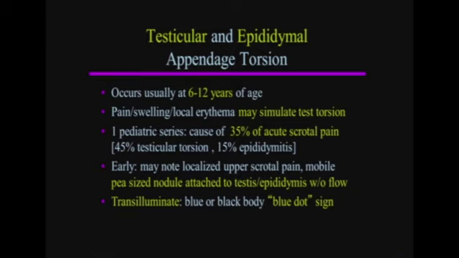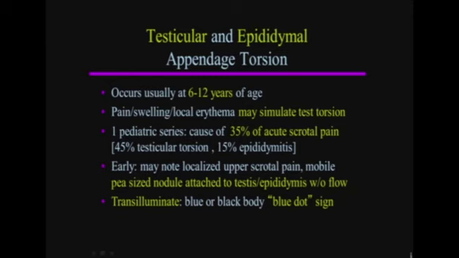Early on, when the problem first occurs, the child may note localized upper scrotal pain, and one might feel a mobile, pea-sized nodule attached to the testes or epididymis, which on color flow would not show flow. Transillumination again would show a blue or black body, the blue dot sign.